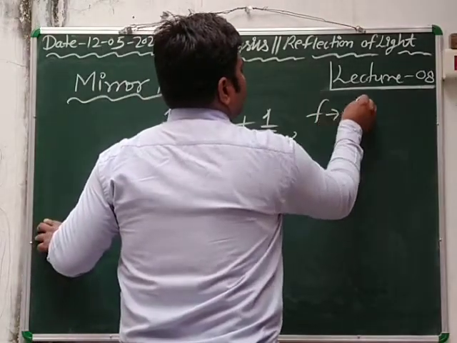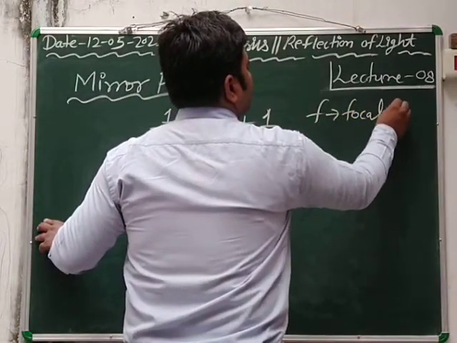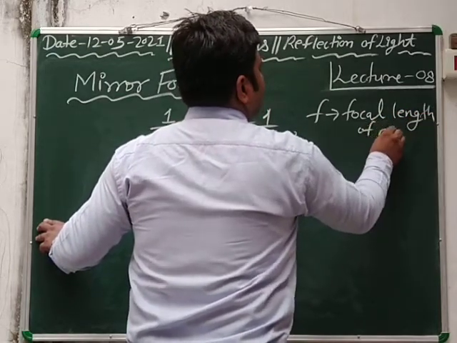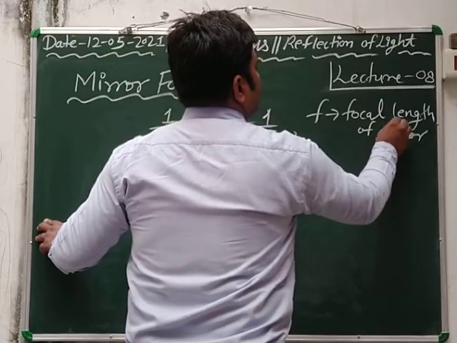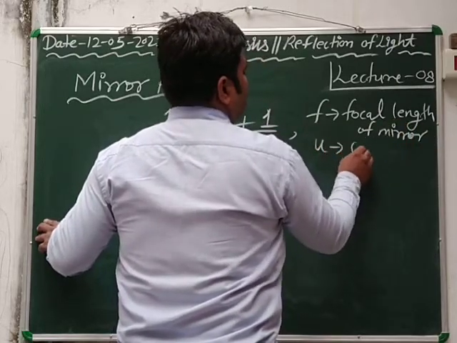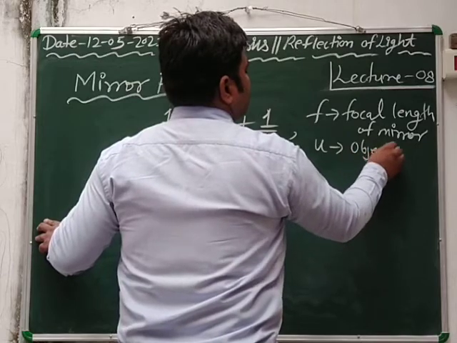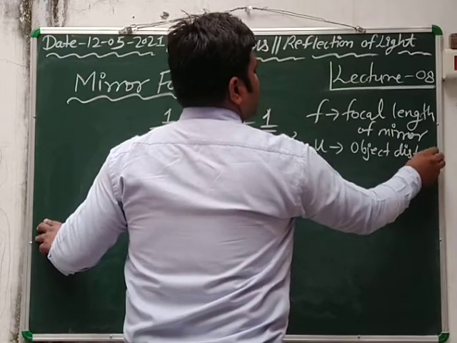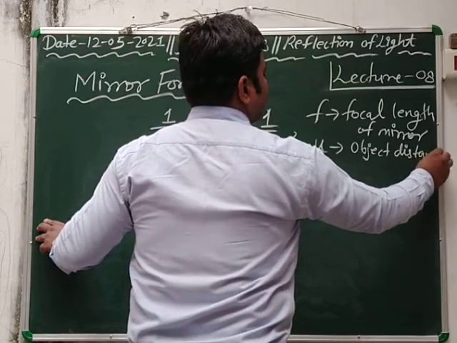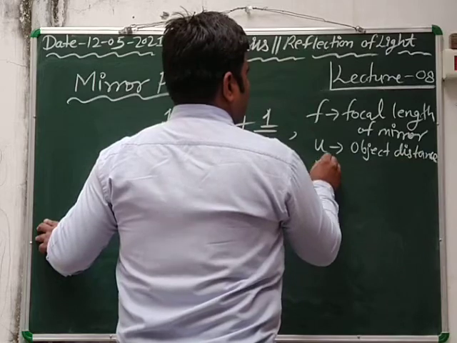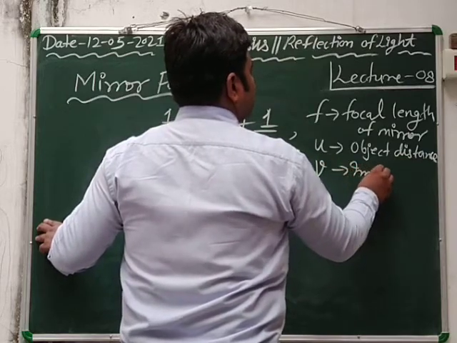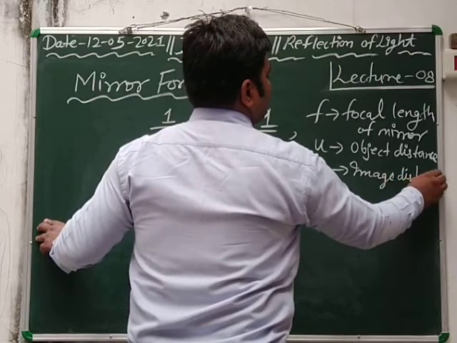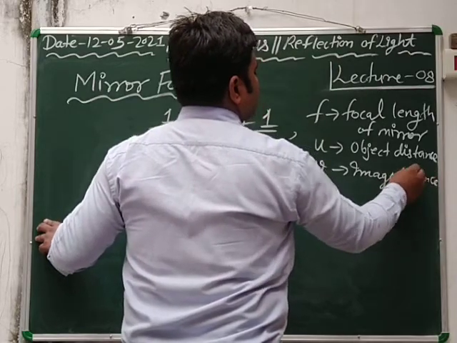F is the focal length of the mirror, U is the object distance, and V is the image distance.